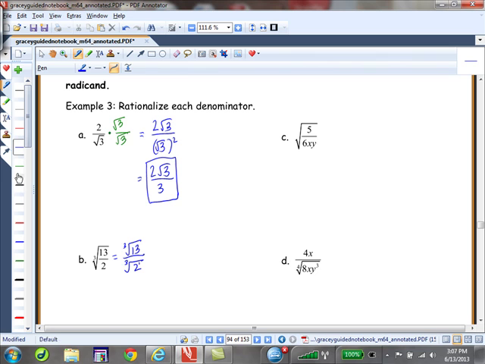Good. I need to multiply this by the cube root of 2 squared, because 2 to the 1 times 2 squared is 2 cubed. And then I'll be able to pull the 2 out of the radical. So then I need to multiply the numerator by the cube root of 2 squared as well.